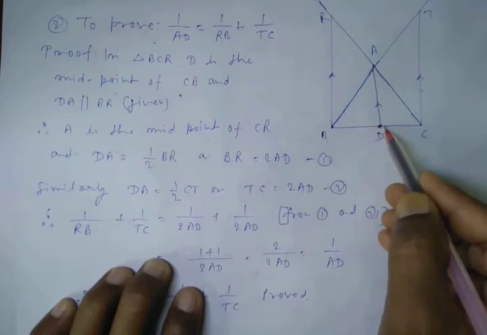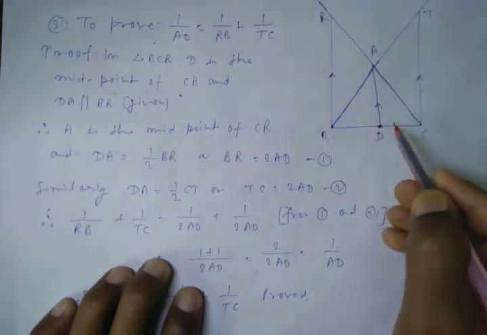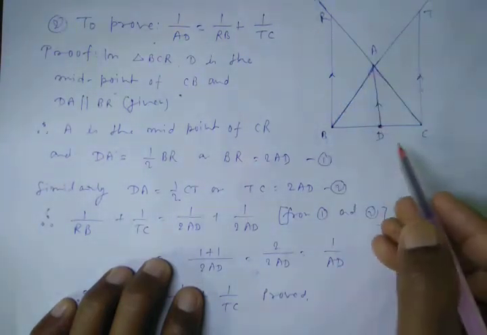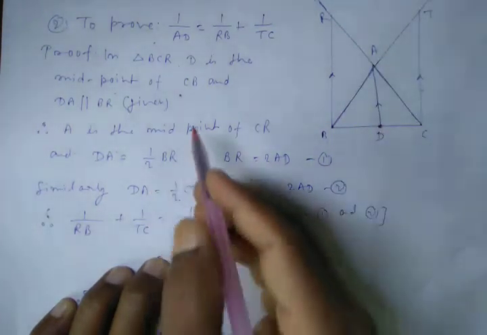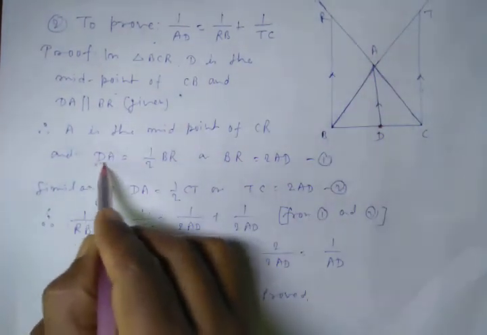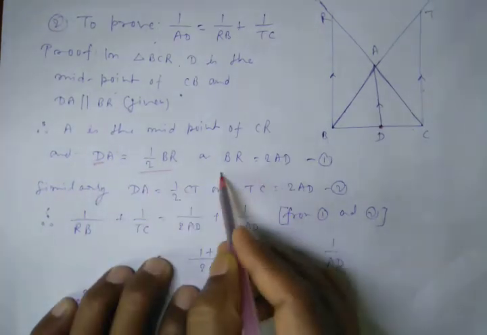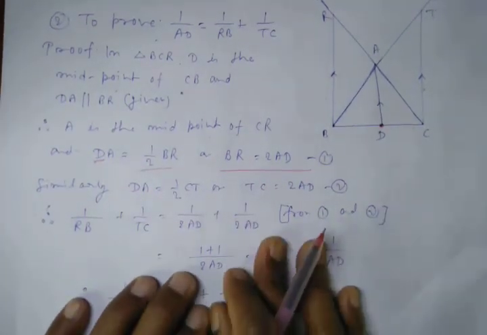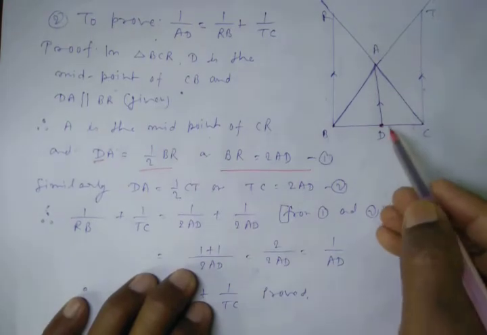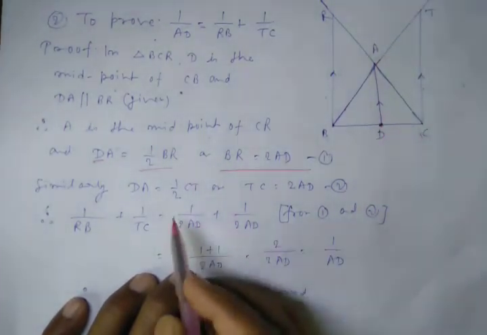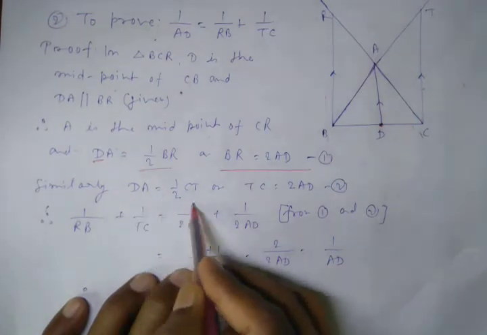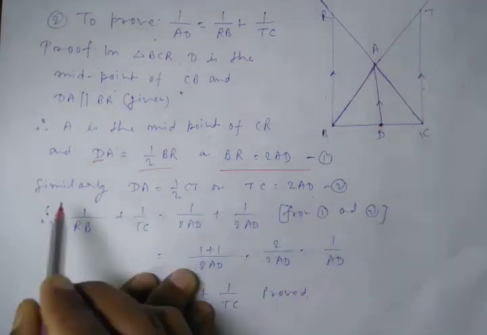So this point is the midpoint and this is parallel to this, and therefore AD equals half BR, or BR equals 2AD. Next, similarly, D is the midpoint and DA is parallel to CT, and therefore DA equals half TC, or TC equals 2AD.